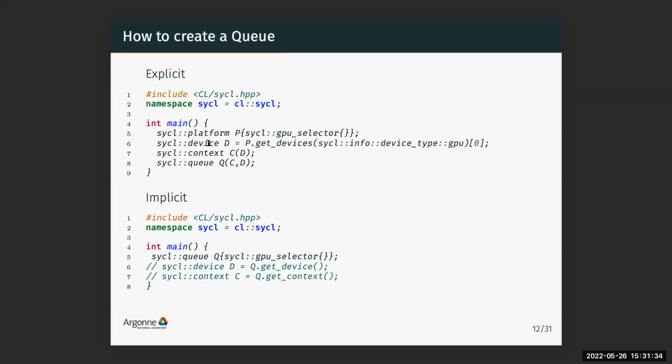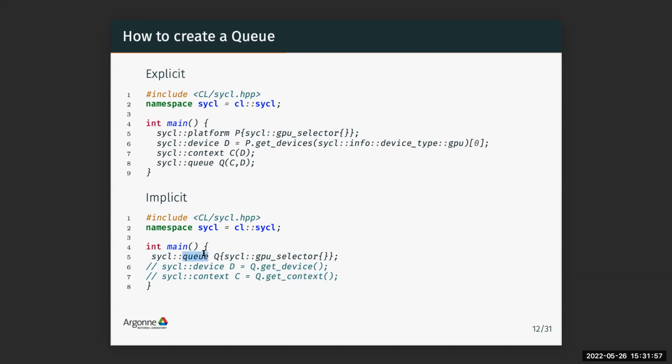Here it is, the explicit way, where you create the platform, the device, the context. And here it is the implicit way, where you just create a queue. From the queue, afterwards you can get the device associated with the queue and the context, so you can go up. Here you have kind of a top-down and a bottom-up approach.